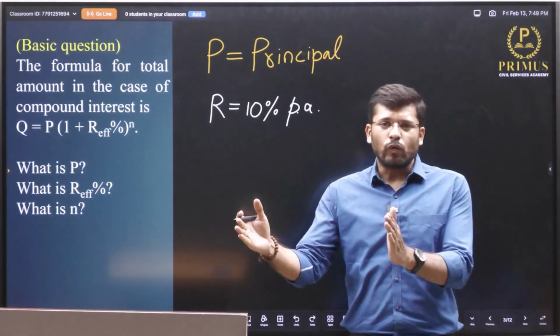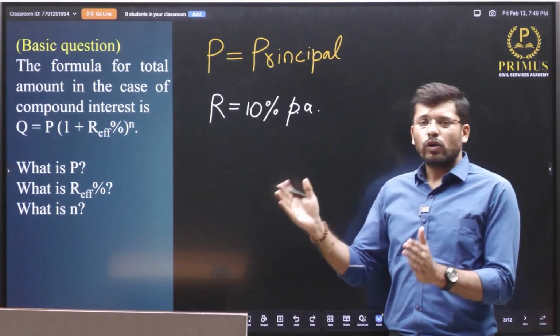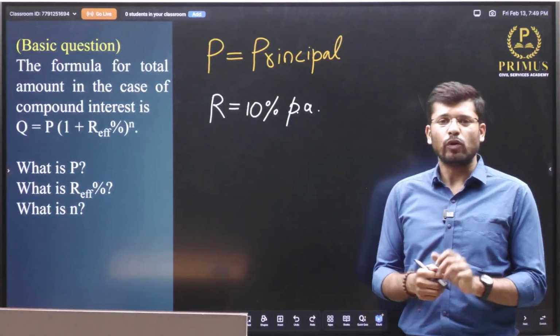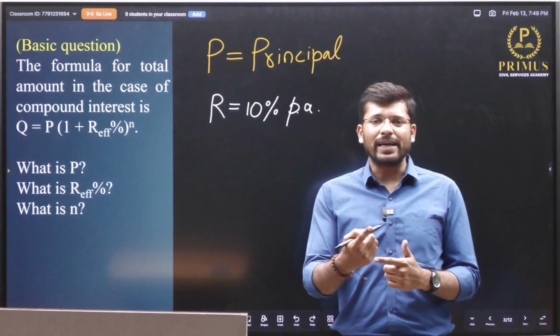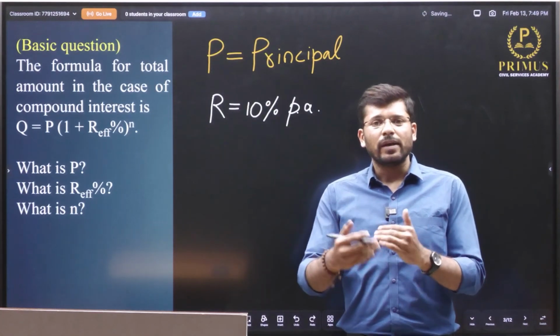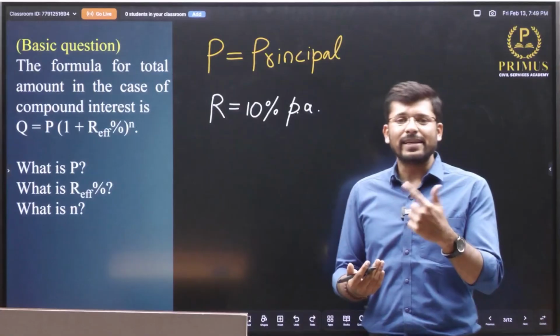So for 12 months, it is 10%. So how much is it for 6 months? That is 5%. Why 6 months? Because you have agreed that you will compound the interest half yearly. That is, you have agreed that you will be compounding the interest every 6 months.